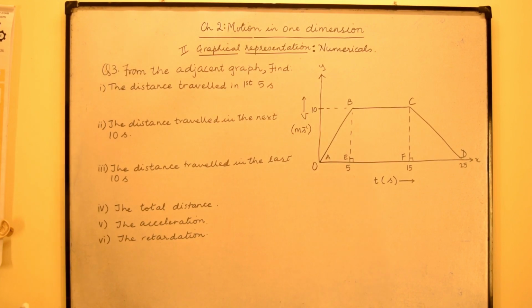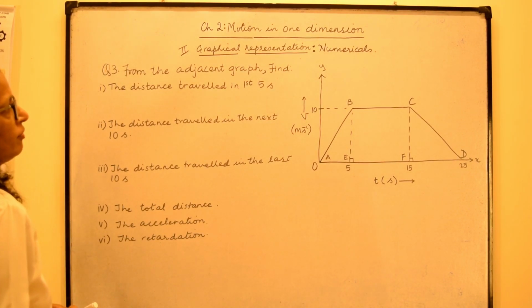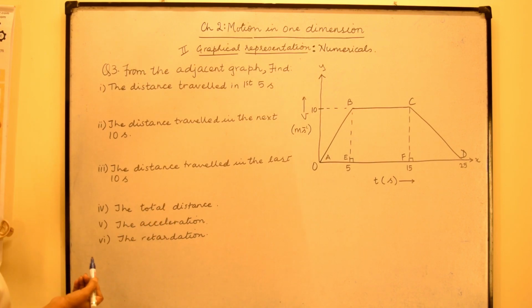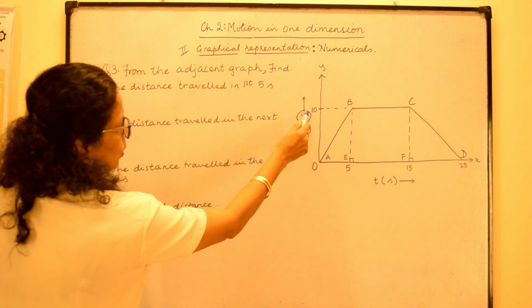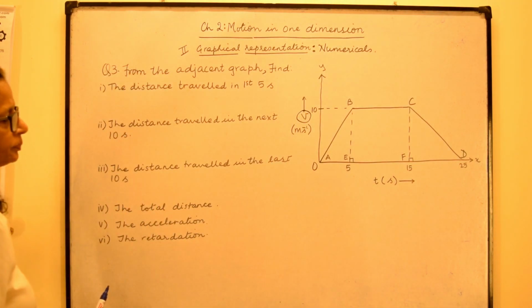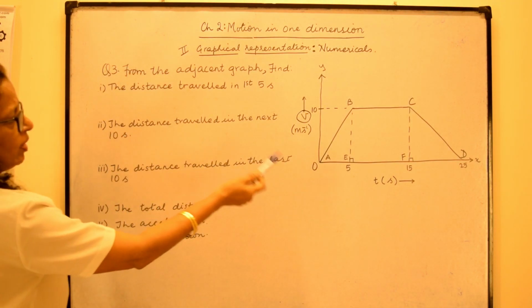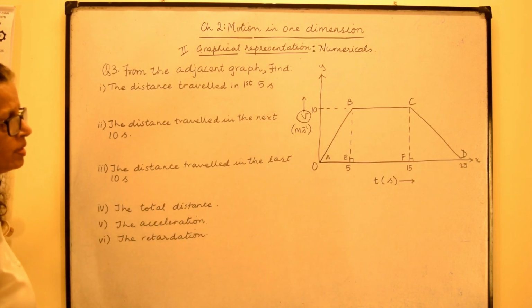Let us come to the last question of the graphical representation numericals. You can see the graph, and this time the graph is velocity against time. Now do you remember velocity against time? What will the slope give us?